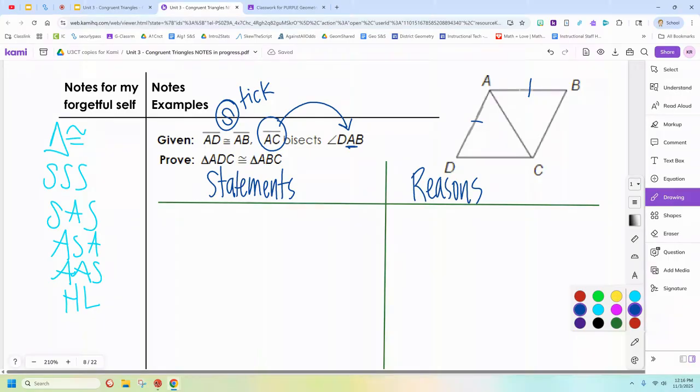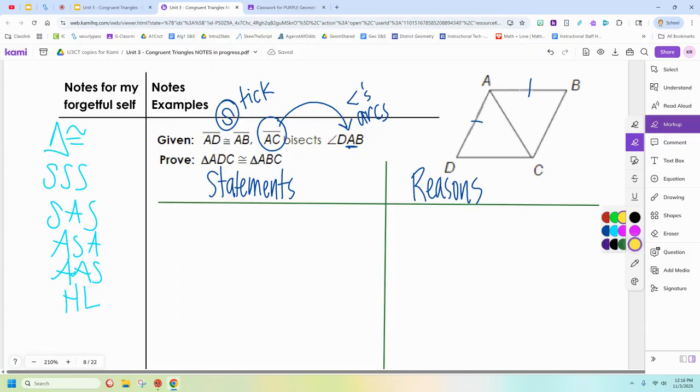So when we mark angles, they get marked with arcs. You can do this with colored pencils, or you can literally trace it out, whatever you need to do. Today is the day I'm going to do it all with major visualizations. So I go to this and I'm like, oh, AC bisects DAB.